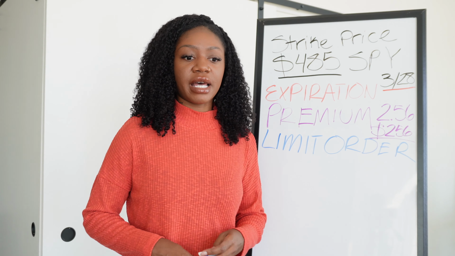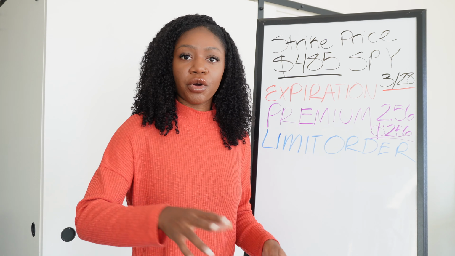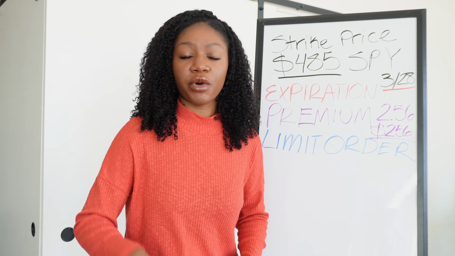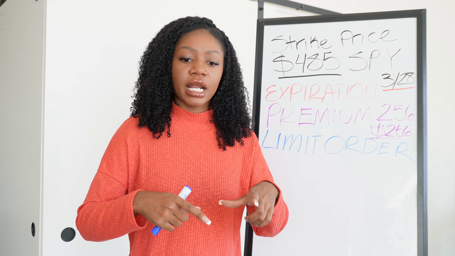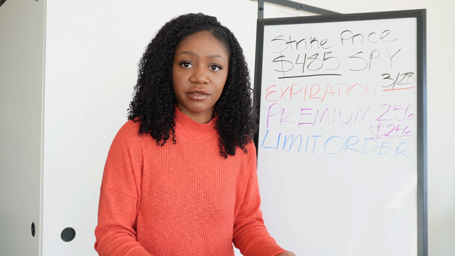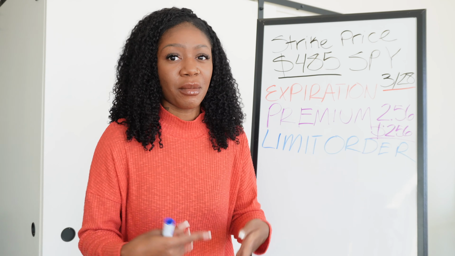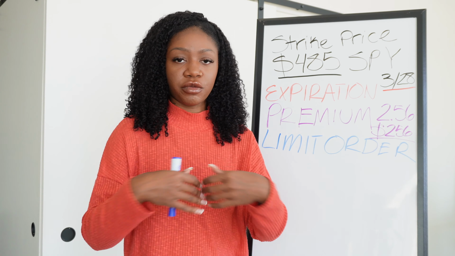Submitting a market order to the marketplace means that you are submitting an order, hey, I want to buy this contract, and you're telling your broker to just fill you at whatever price is available. So you have the bid and then you have the ask, and usually it'll try to get you in the middle there. But basically you're just saying, I want to get in as fast as possible. I want to get the first contract available. So you may actually not be getting it at the best price. You may have paid a couple dollars more than you should have by just doing a market order.